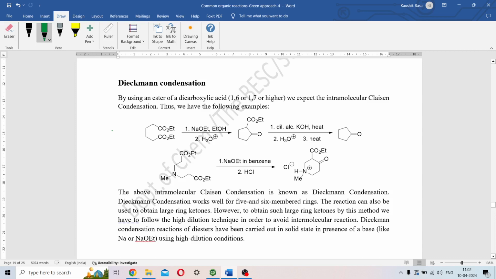Like aldol, it involves an enolate, but this time the enolate is derived from an ester, and like aldol it also involves an electrophile. Instead of a ketone or an aldehyde, we have an ester carbonyl as the electrophile, which also carries a leaving group.